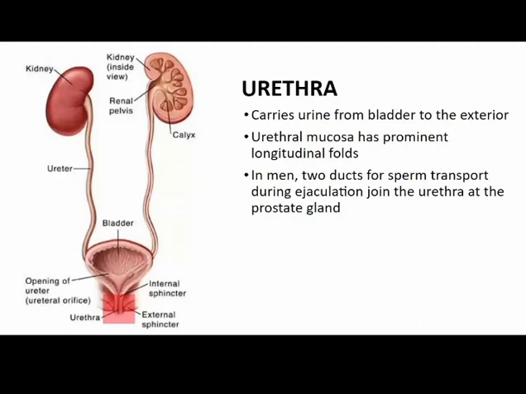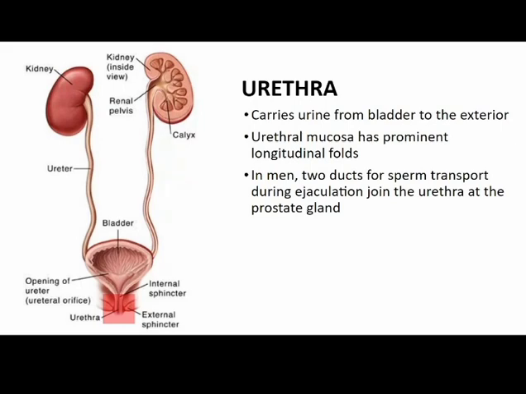For the urethra, it carries urine from the bladder to the exterior. The urethral mucosa has prominent longitudinal folds, and in men, the 2 ducts for sperm transport during ejaculation join the urethra at the prostate gland.